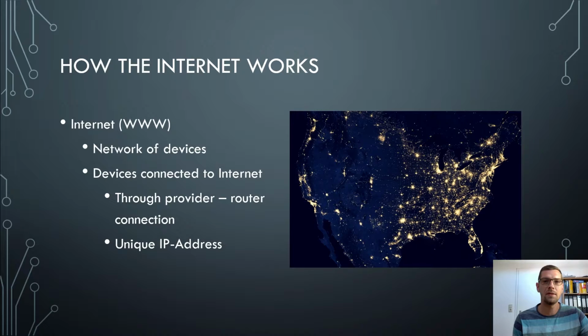Every device is somehow connected to the internet, as previously the people knew each other. But that happens in the case of the internet through the provider, where you booked your internet plan. So, your router has a connection to the provider and receives a unique IP address from the provider.